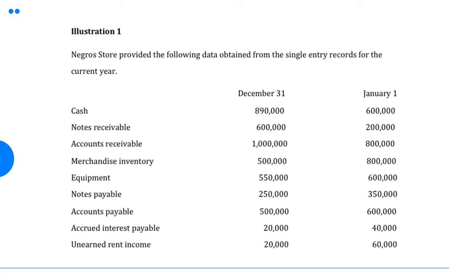For January 1: cash 600,000, notes receivable 200,000, accounts receivable 800,000, merchandise inventory 800,000, equipment 600,000, notes payable 350,000, accounts payable 600,000, accrued interest payable 40,000, and unearned rent income 60,000.